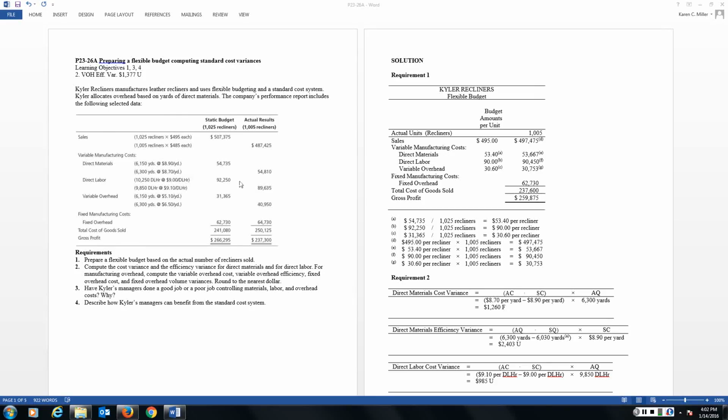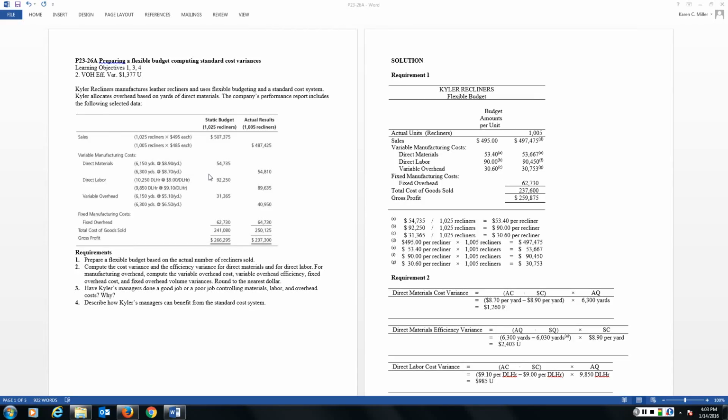The same thing, the $92,250 divided by 1,025 recliners, that gives me $90 per recliner in labor. Variable overhead the same way, $31,365 divided by 1,025 recliners. We had estimated $30.60 per recliner. So our estimated amounts per unit are coming from our static or our master budget. These are where our standards came from.